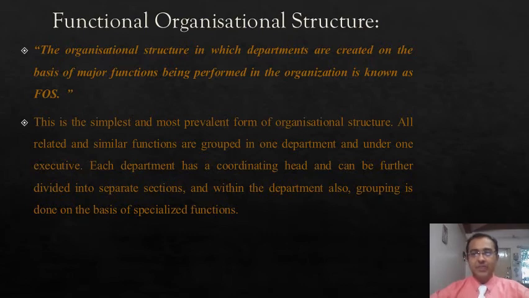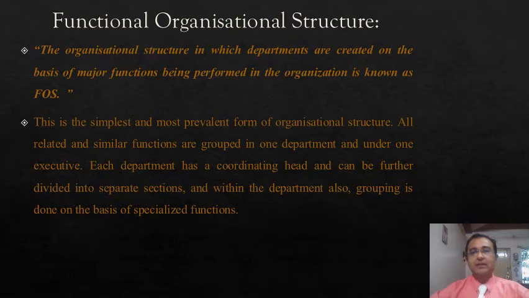Under this, all those similar and related activities which are performed in an organization will be grouped under a larger unit, a larger department, and that would be managed by one executive.